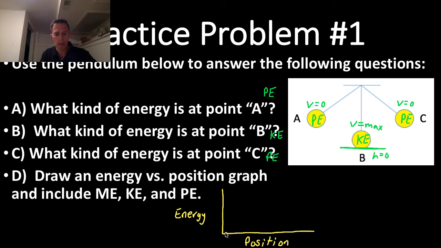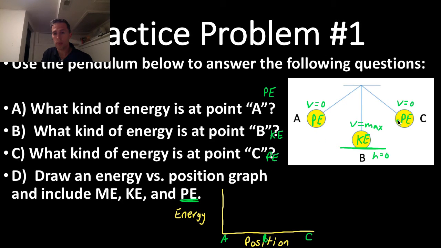Let me switch colors here. We'll start at position A, then we'll go to position B, and then we'll finish at position C. And so let's start by graphing its potential energy first.